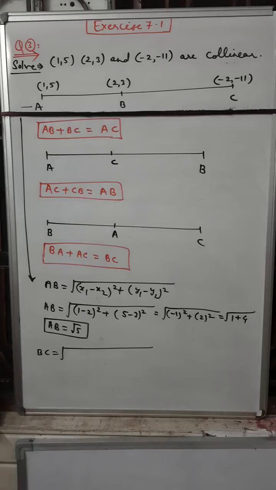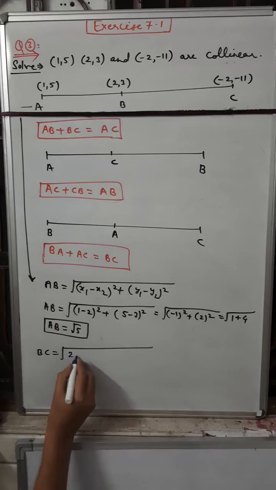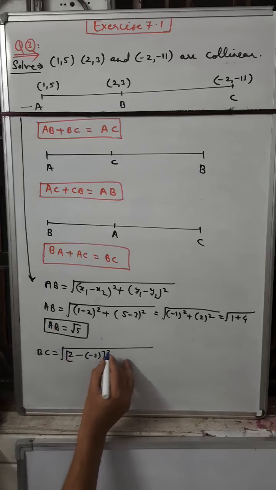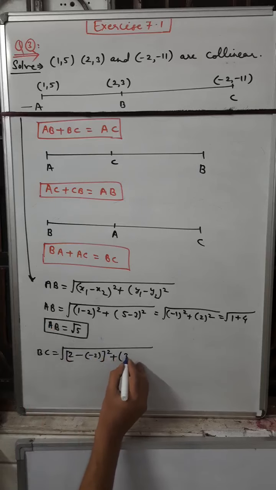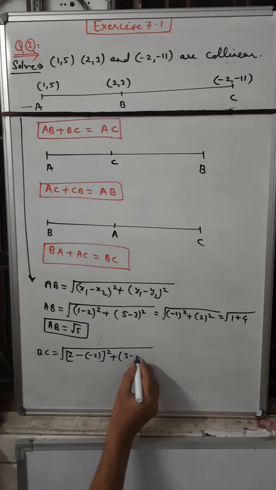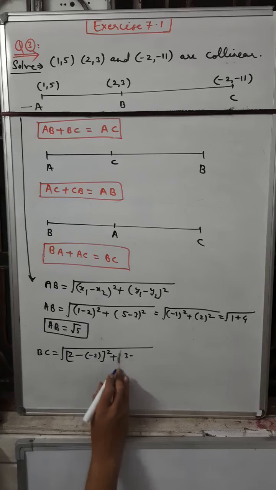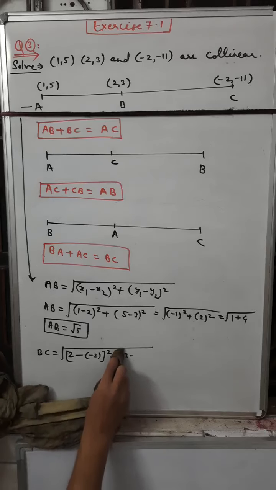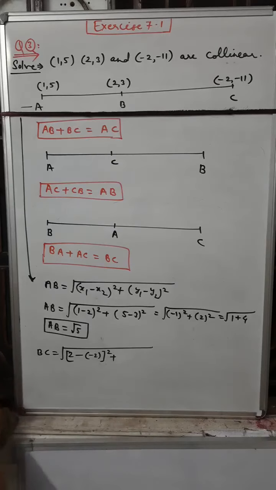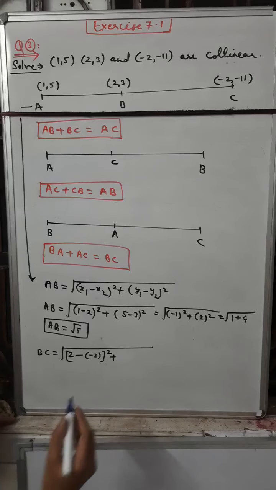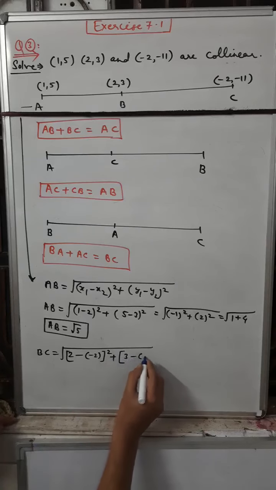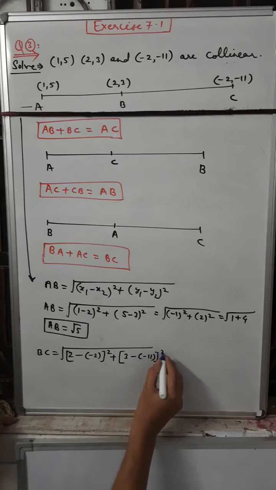So BC is equal to 2 minus minus 2 whole square and plus 3 minus minus 11 whole square.